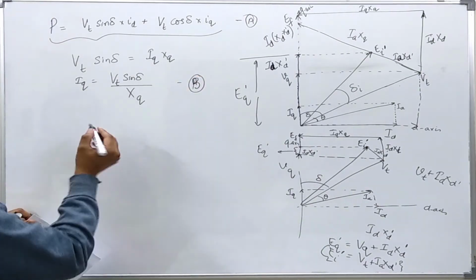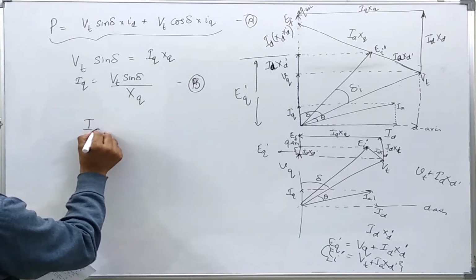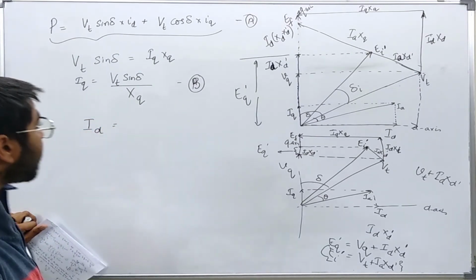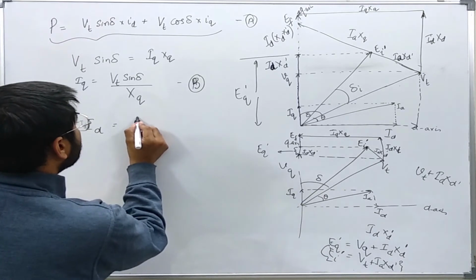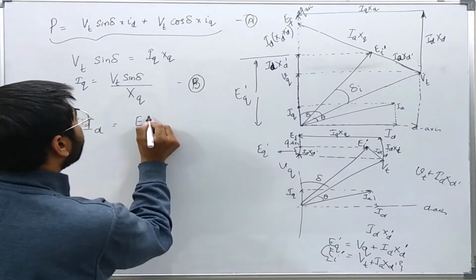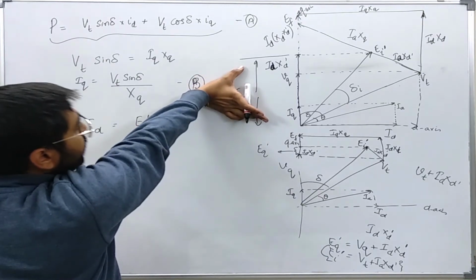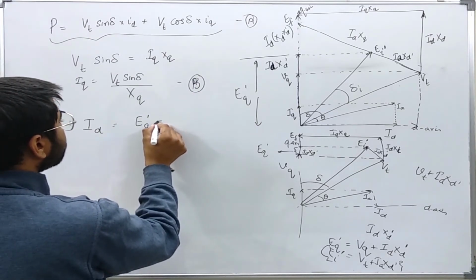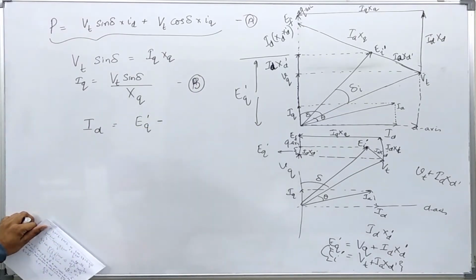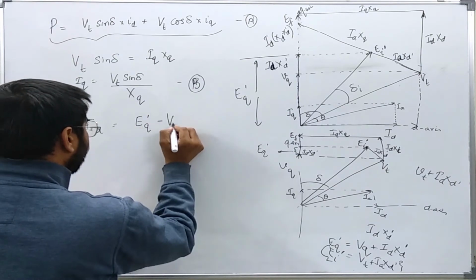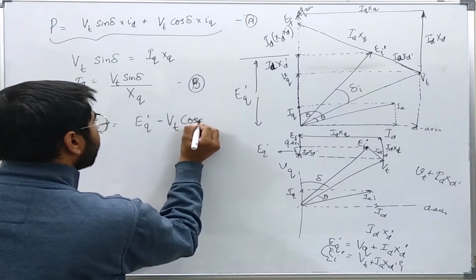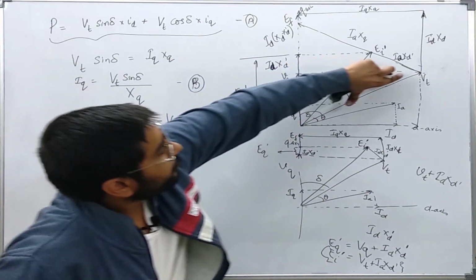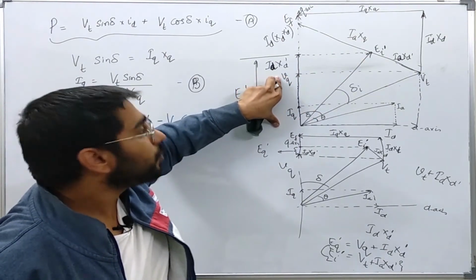Now we also know that ID can be written as EQ dash minus VT cos delta. Now this VT cos delta is nothing but VQ.